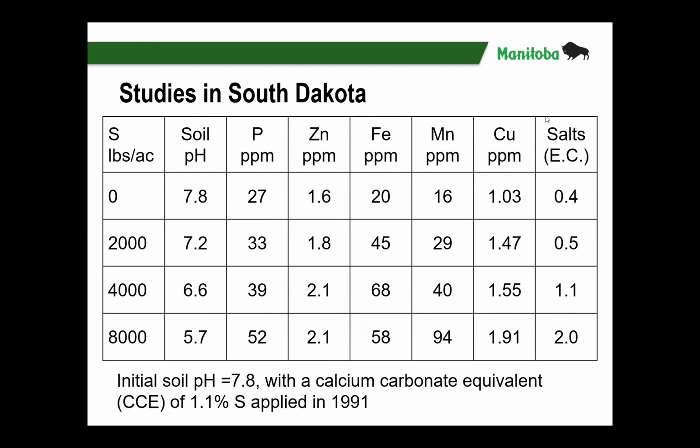But a very important point that I want to make here is that at the end, the electrical conductivity, or the salt content, of these soils, which started as a non-saline soil around 0.4 electrical conductivity, 0.4 millimoles per centimeter, is going up to 2. And that's because sulfate is a salt.